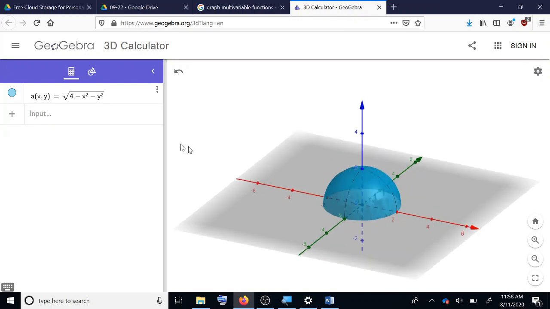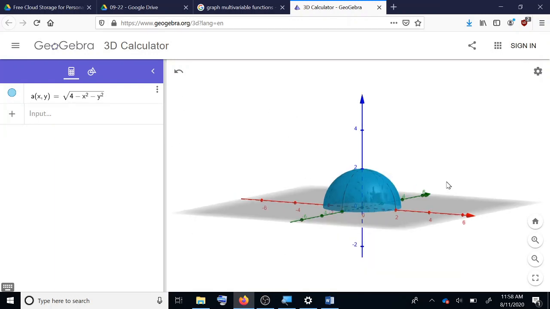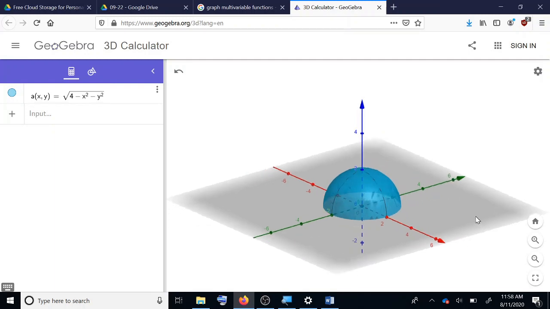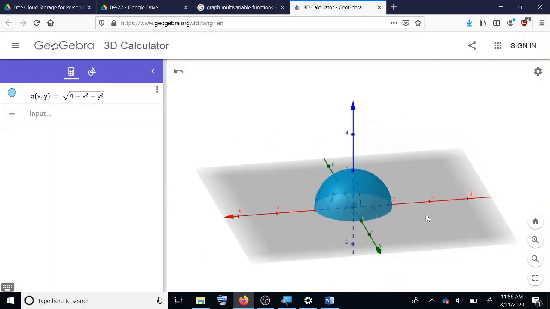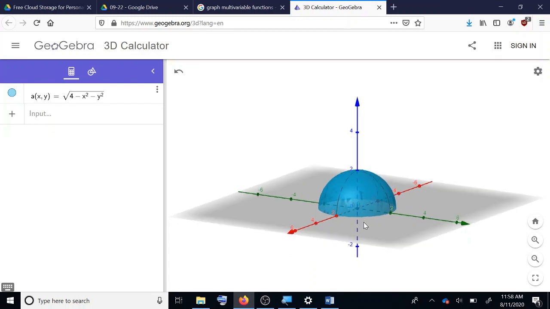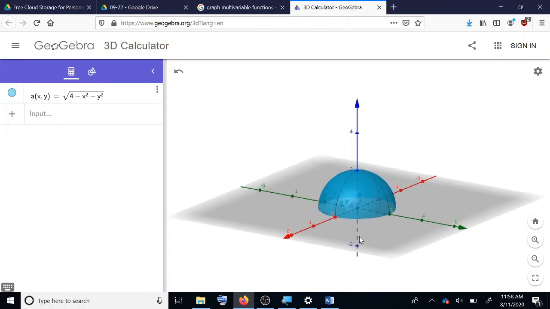Now, one of the things that is a little bit obscure about this particular website is that, for some reason, it has the positive x direction going toward the back. I'm not exactly sure why they have chosen that, but you can rotate it to reorient it in a more natural way: positive coming toward you, positive to the right, positive going up, the more conventional way.